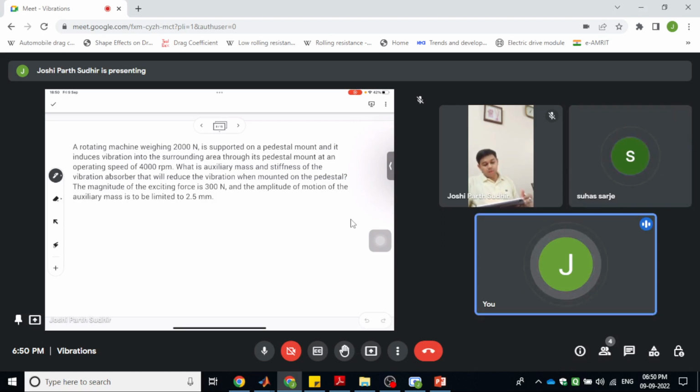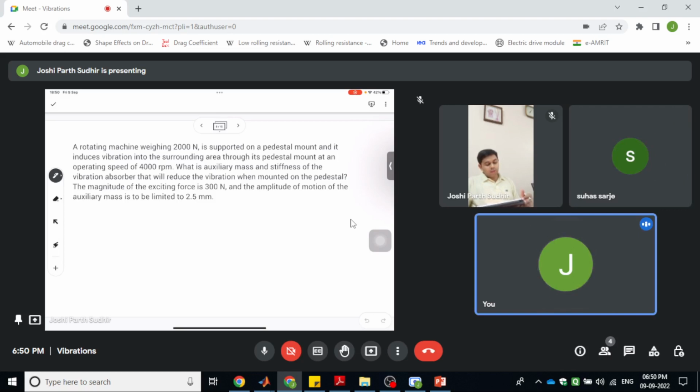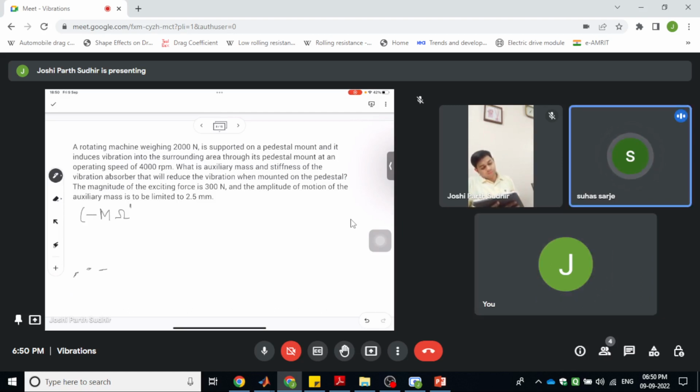We have to find out the mass and stiffness of the vibration absorber, and we have been given that the magnitude of the exciting force is 300 newton, and the amplitude of the auxiliary mass has to be limited to 2.5 millimeter. So here we have to use a similar approach that we have used in the previous question.